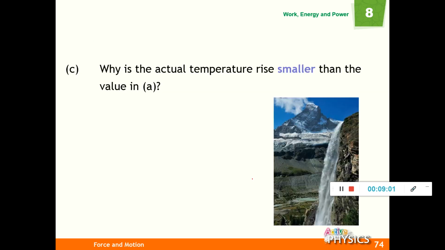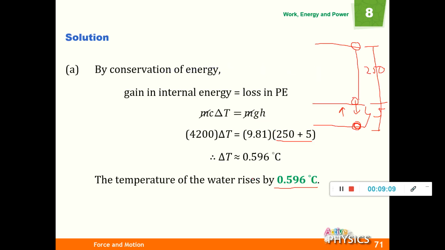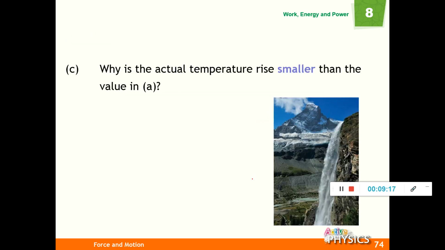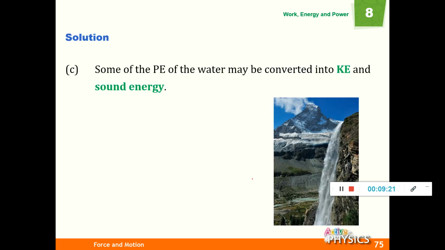Part C. Why is the actual temperature rise smaller than the value in Part A? After the calculation in Part A, the temperature rise should be 0.596 degrees Celsius. In this case, you should try to find out what happened.